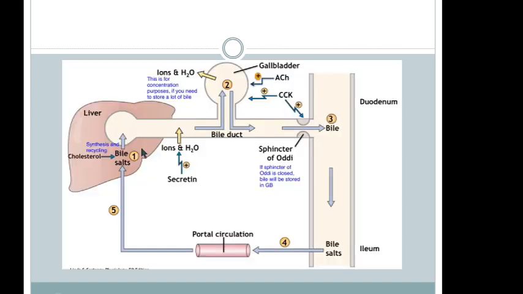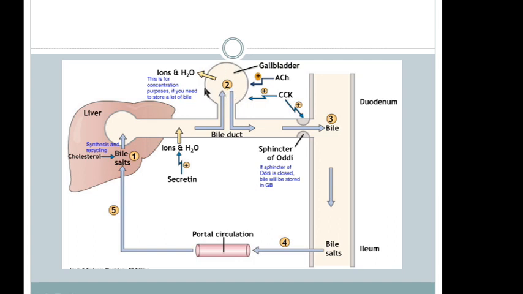Here in this diagram you can appreciate the liver through the hepatocytes. In the hepatocyte, from cholesterol there is production of the bile salts, synthesized and recycling, and these bile salts enter into the common bile duct and from here to the gallbladder.